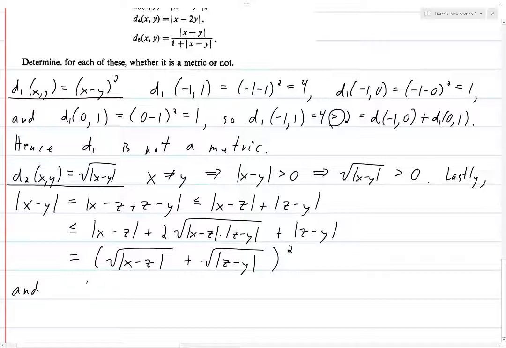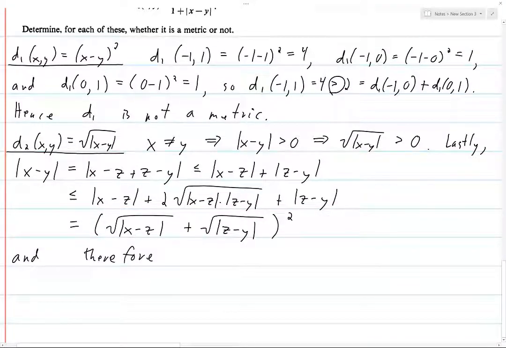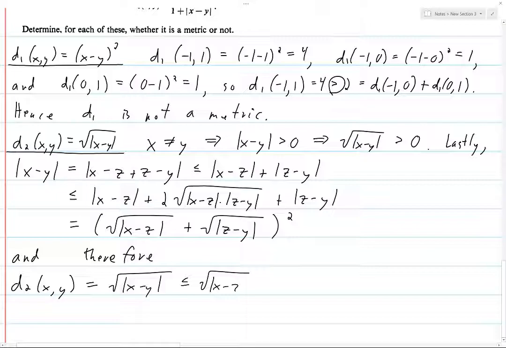Okay, and therefore we just take the square root of both sides to get d2 of x, y equals the square root of the norm of x minus y. And then this is less than or equal to, well, the square root of something squared is just whatever was inside the square. And so we just have that. But this is, of course, d2 of xz plus d2 of zy.